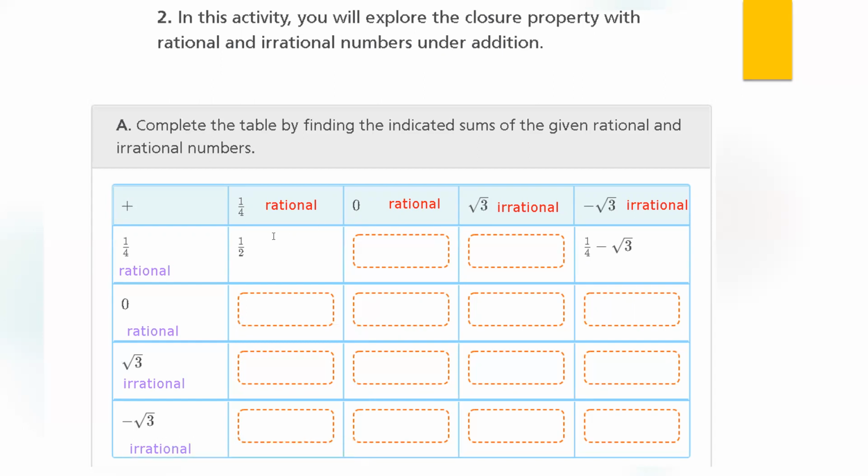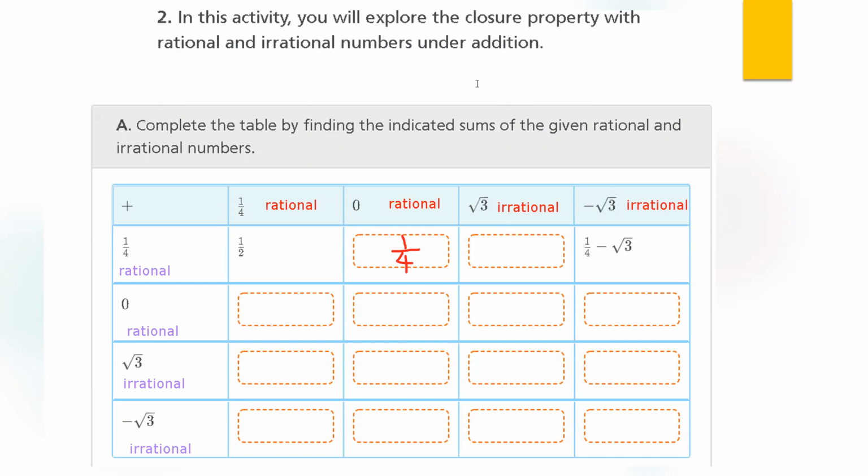Now, let's add each number from the row and the column, like 1/4 plus 0. What will the answer be? It is 1/4. And 1/4 plus 1/4 is 1/2.